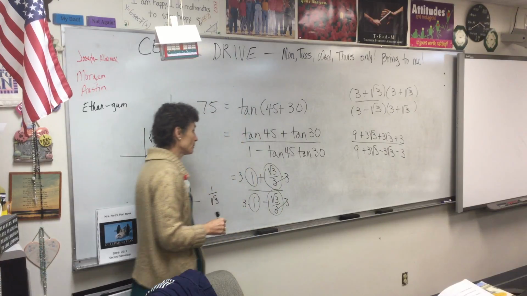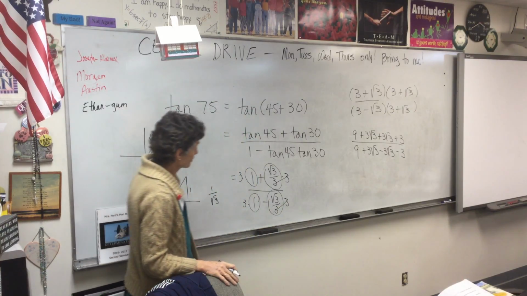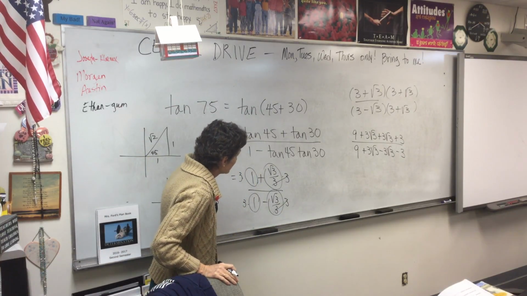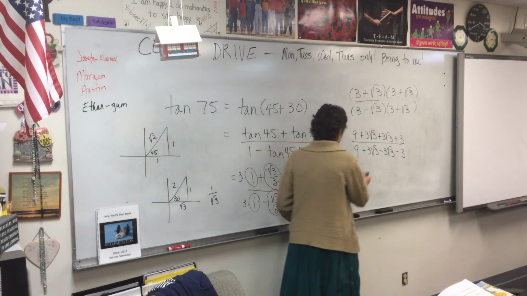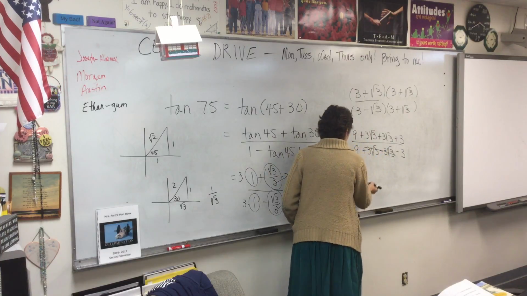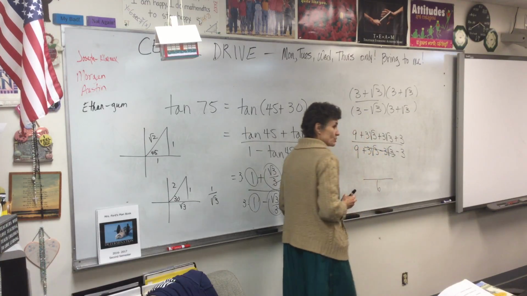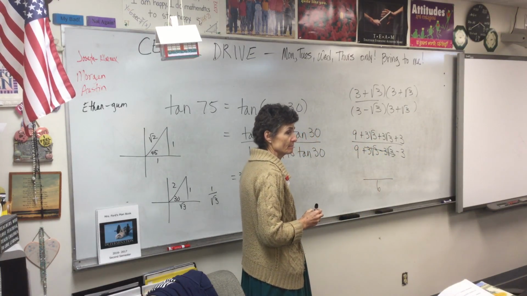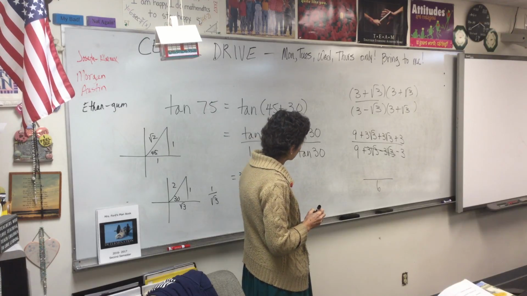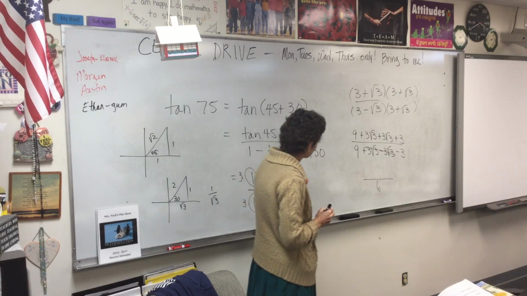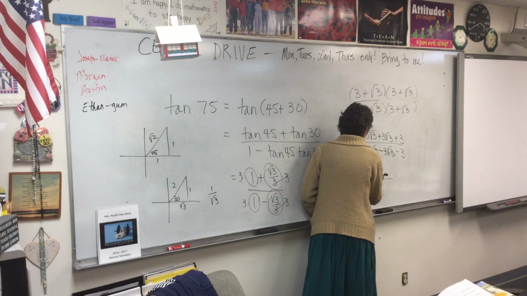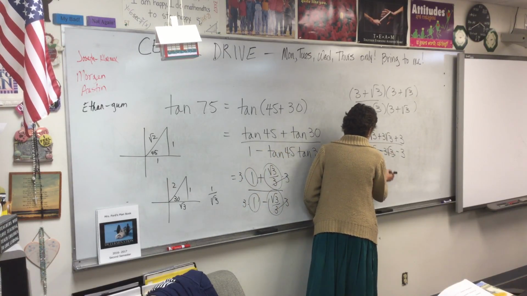Remember, when you multiply root 3 times root 3, you just get 3. Now, hopefully that fixed the problem. Did that fix the problem? Yep, your denominator is just 6. And what's our numerator? 12 plus 6 root 3.